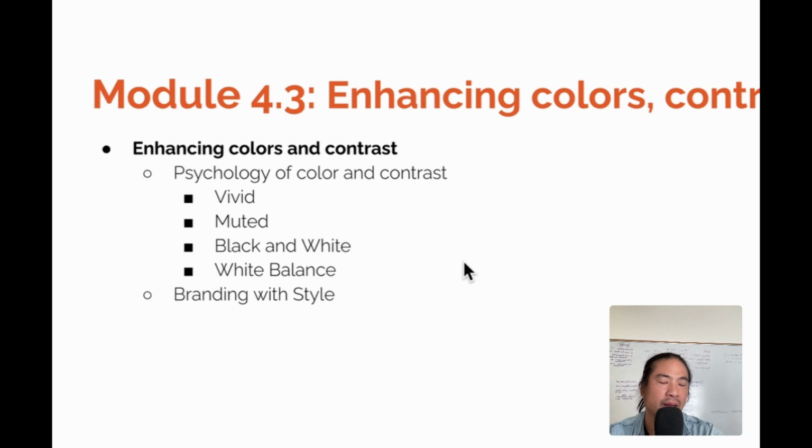A few that come to mind: Free People goes really warm. J. Crew goes really warm. So there are definitely brands that tend towards that, and then there's brands that tend towards the cool. A lot of Scandinavian designs. IKEA tends to be bright white. So with that in mind, hopefully you'll have a basic understanding of what you need to do to make your photos stand out for your company.